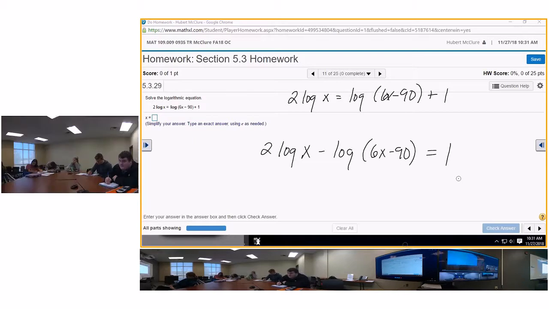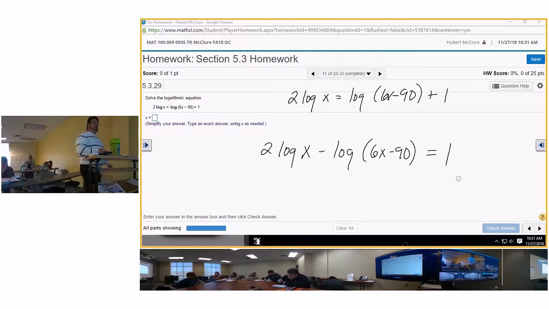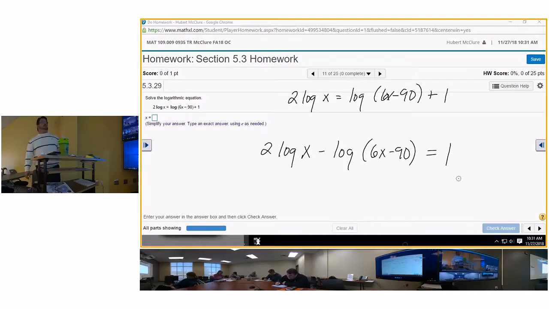All right, now work with it. You're going to have to rely on your rules, though. You're going to have to rewrite it. And this is the time where you use your power rule, and then you use your quotient rule.